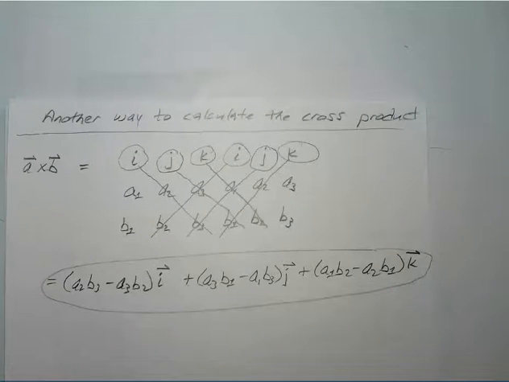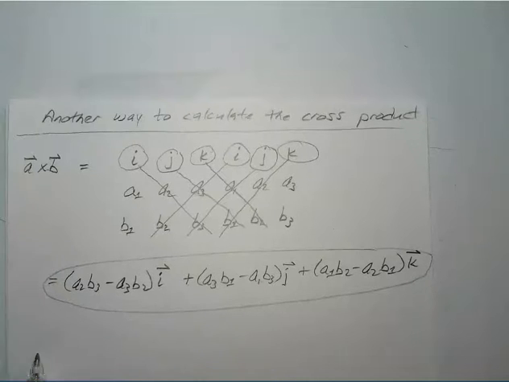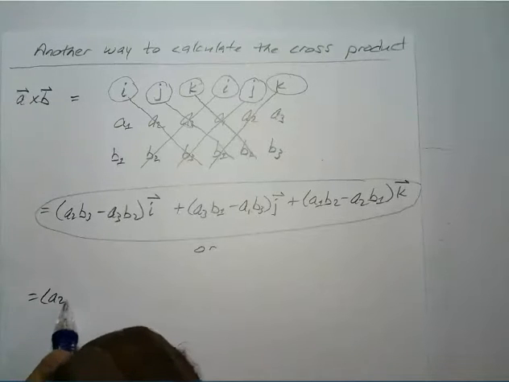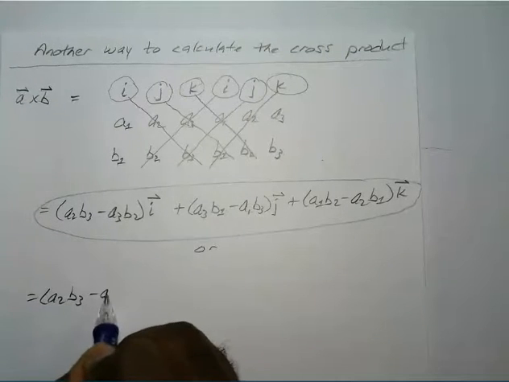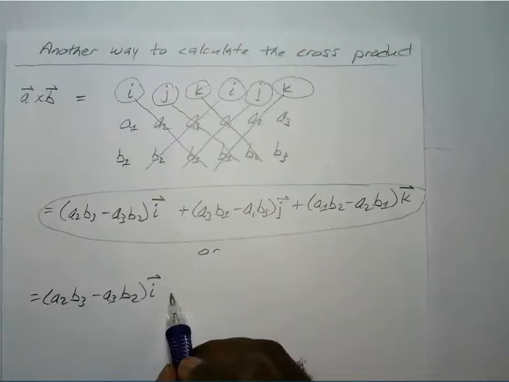Now, if you wanted it to match the formula on the previous page, all you have to do is factor a negative out of both of those. So you have A2B3 minus A3B2 times your I vector.